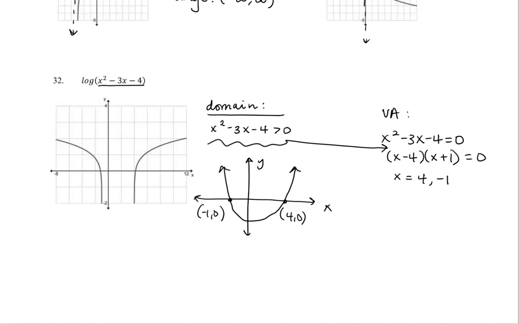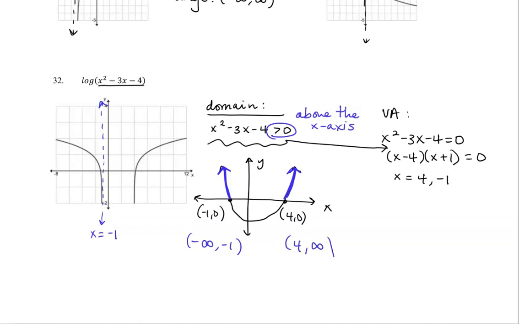We are trying to solve when this parabola is greater than 0. When is it above the x-axis? Well, it's above the x-axis on two separate intervals: from negative infinity to negative 1, which makes sense because we can see that we do have a piece of the graph to the left of this VA, which must be at x is equal to negative 1, and it's also above the axis from 4 to positive infinity.